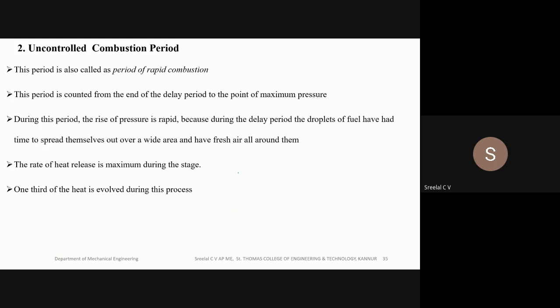uncontrolled combustion period. As we were discussing at first, here is the piston, moving from BDC to TDC. Here the mixing of the fuel and the compressed air happens, and after the pre-flame reactions take place, it is ready to combust.